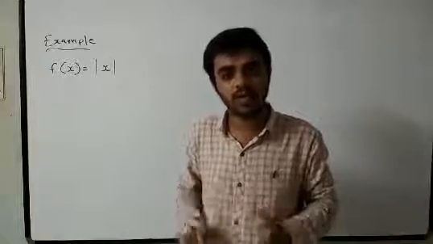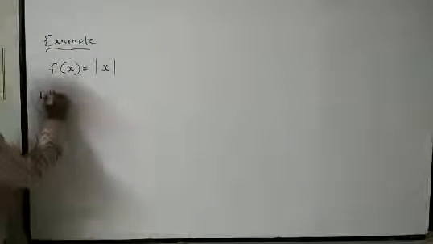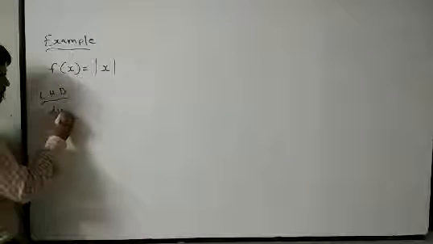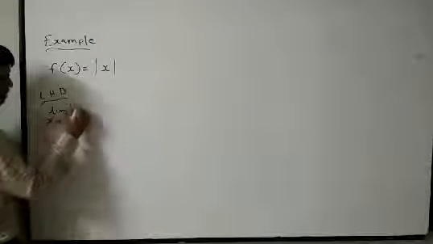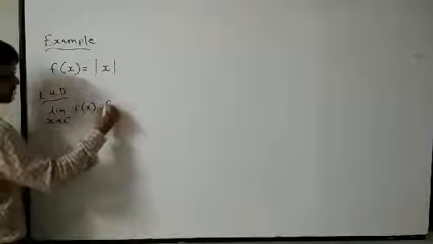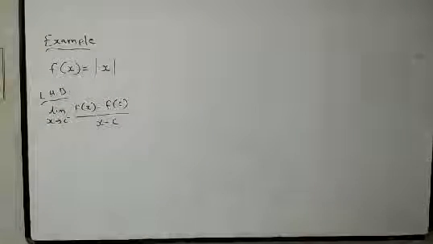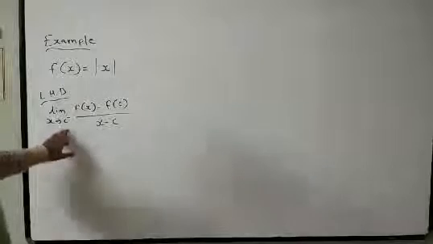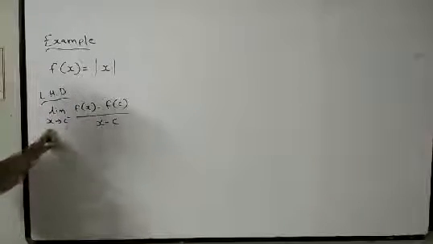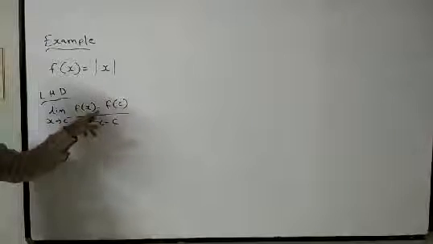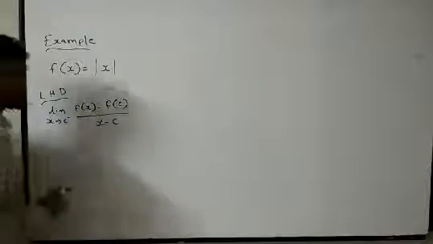Left hand derivative is limit x tends to c negative, f of x minus f of c by x minus c. As it is the left hand derivative, x tends to c negative.